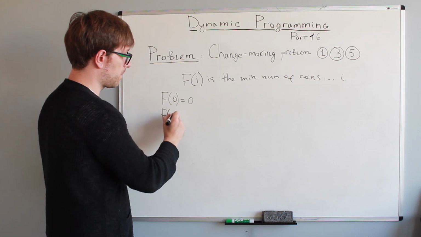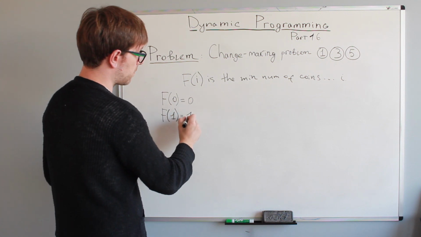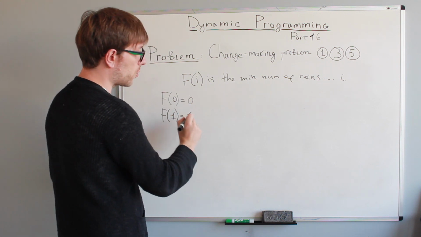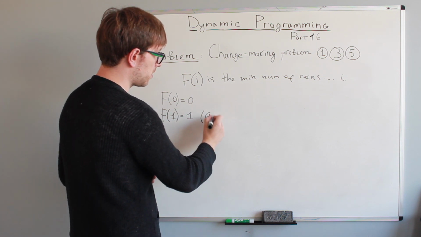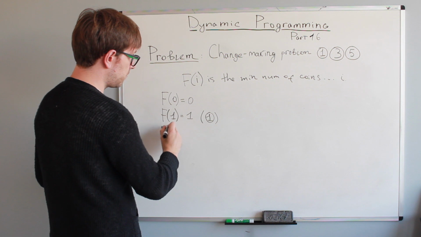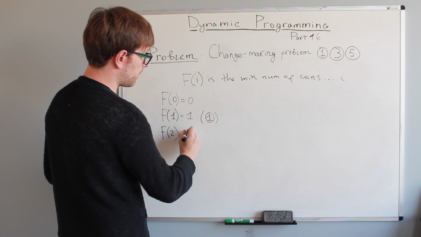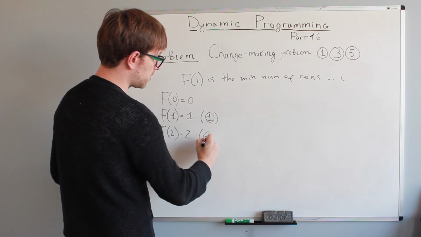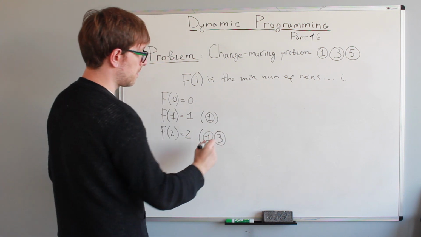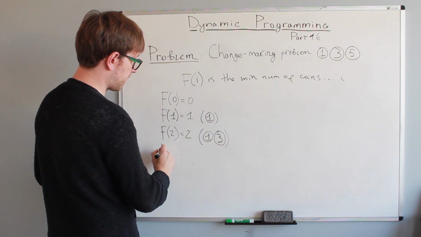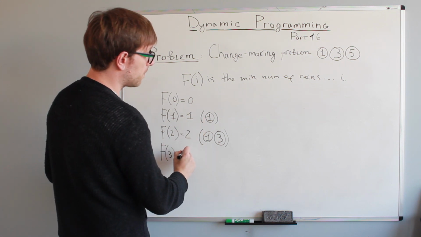f of 1. What's the minimum here? The minimum is 1, right? It's one coin. Remember, it's not a weight, it's a coin. So we would use one coin of 1 cent. f of 2 would equal 2. We would use one coin of 1 cent and another of 1 cent. What about f of 3? f of 3 equals 1.